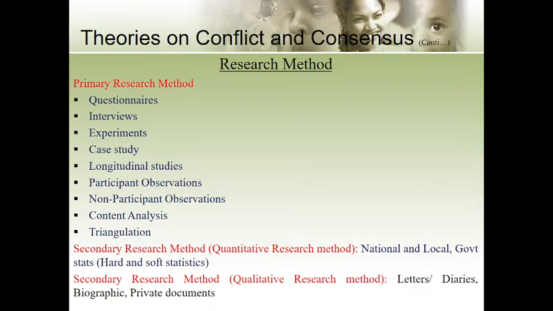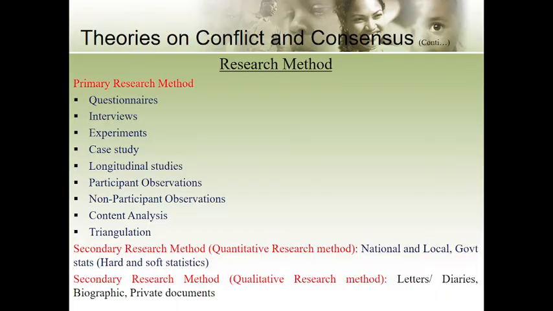in our research. There are basically two types of research: primary research and secondary research. The primary research methods include questionnaires, interviews, experiments, case studies, longitudinal studies, participant observation, non-participant observation, content analysis, triangulations.